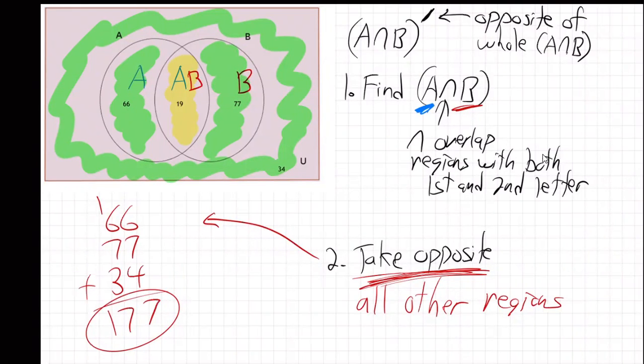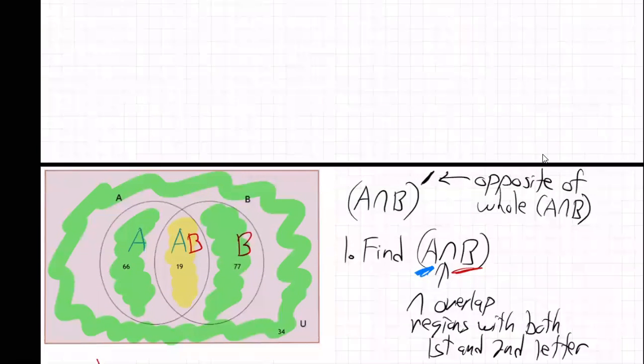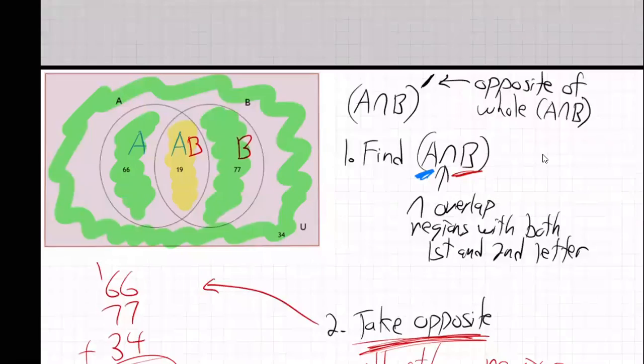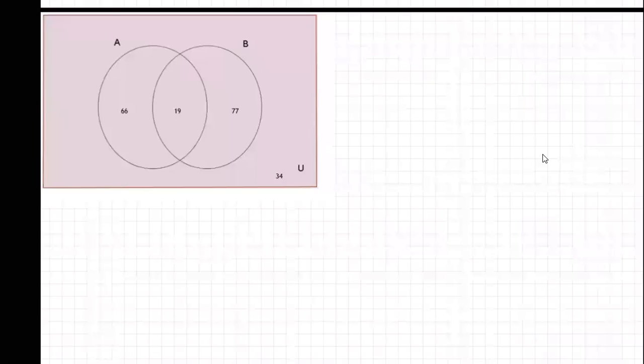All right, hearing no questions, I'll keep moving. And we have a third one of these. So now it's right here, A union B complement. So A union B complement. So again, this means it'll be very similar.